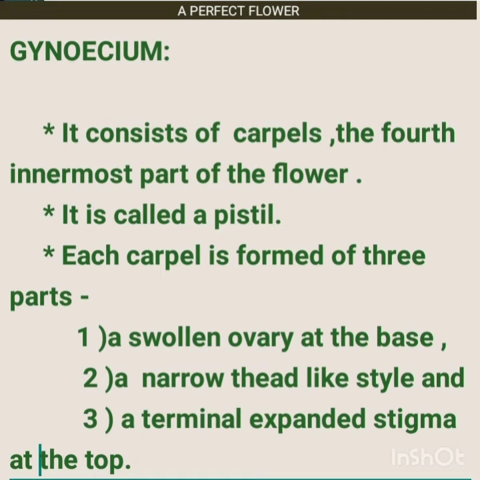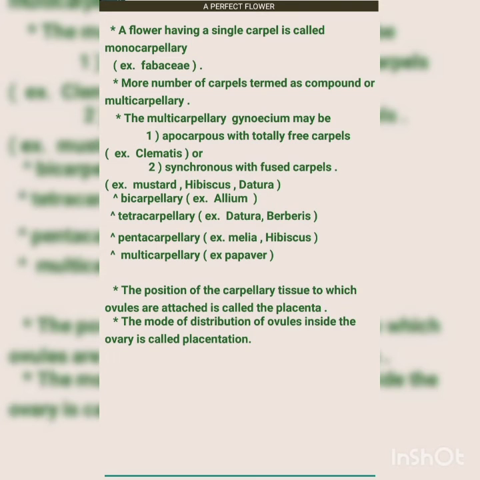A flower having a single carpel is called monocarpellary. Example, Fabaceae. In the Fabaceae family, monocarpellary flowers are seen. A larger number of carpels is termed compound or multicarpellary.